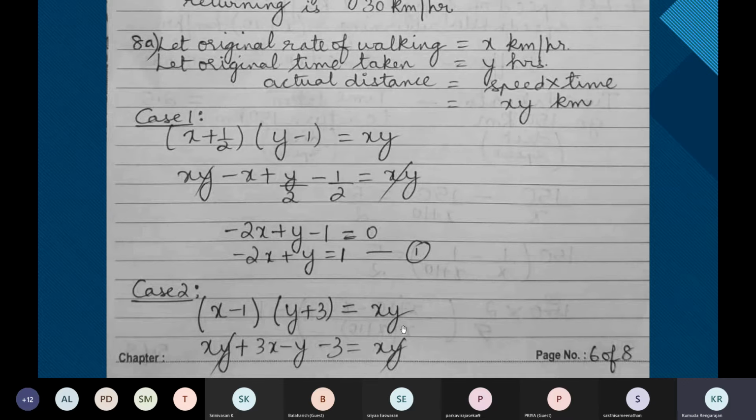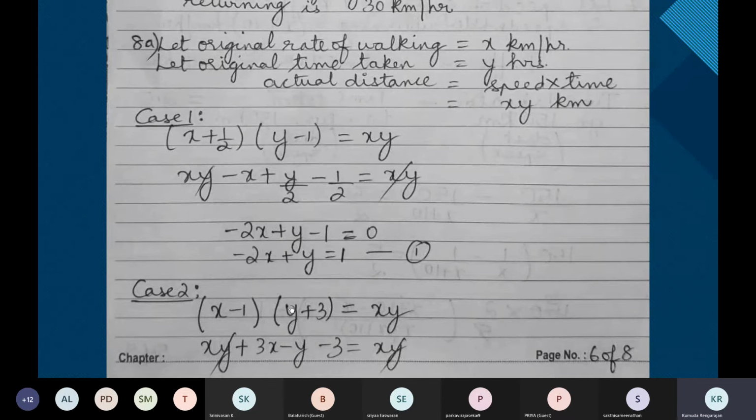So work this out and you have this equation in x and y. And this is the second one. This is the new speed, children. His original or usual speed is x kilometers per hour. If he reduces his speed by 1 kilometer per hour, then x minus 1 is the new speed. Then he takes 3 hours more.